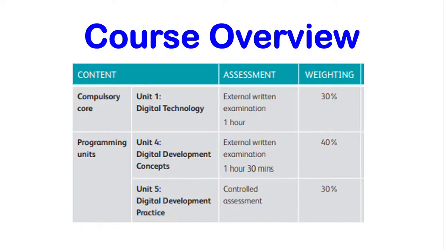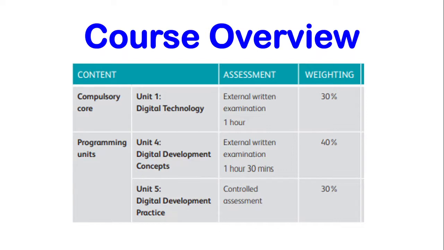Okay, in terms of the structure of the course, the GCSE Digital Technology course is actually split into two different pathways. We follow the programming pathway, which means that we study units 4 and 5.